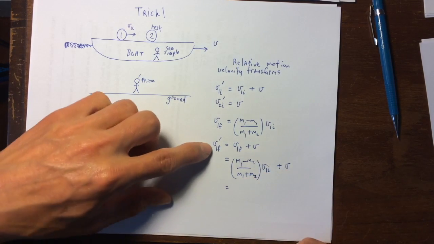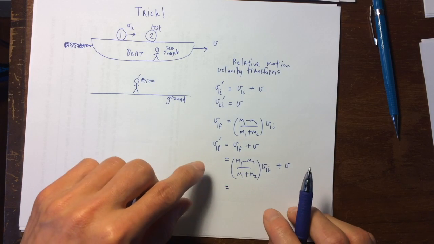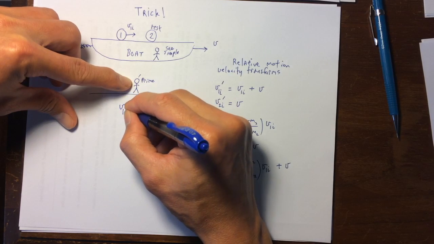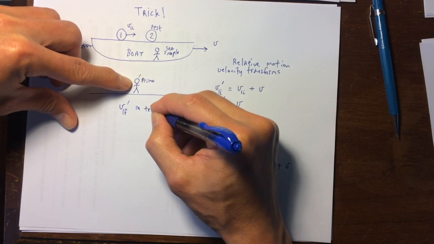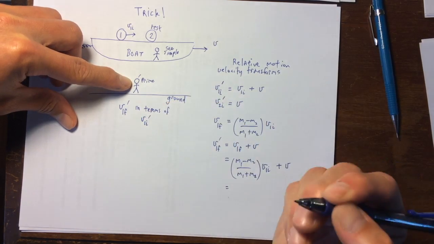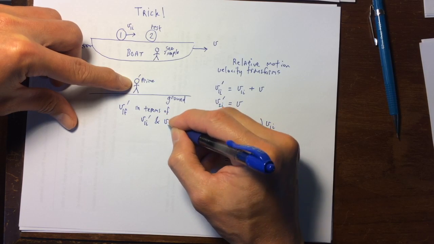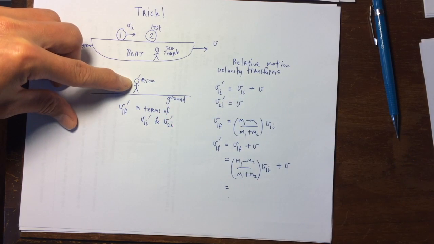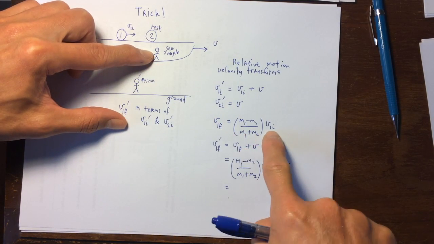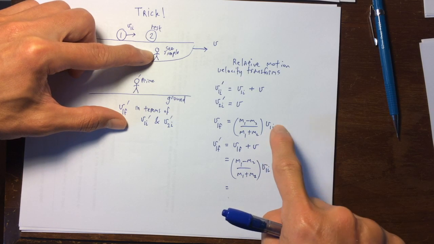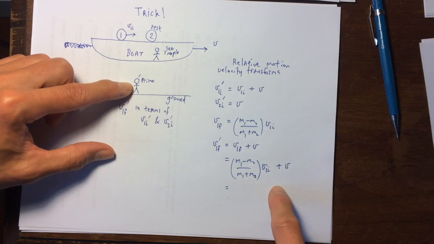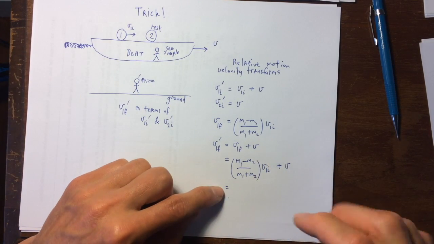So v1 final prime is this, but this person wants v1 final prime in terms of v1 initial prime and v2 initial prime. Just like this person would like to see v1 final in terms of v1 initial, not primed, and v2 initial, which happens to be 0 for this person. So this person wants to see it in terms of v prime, so let's give it in terms of v prime.